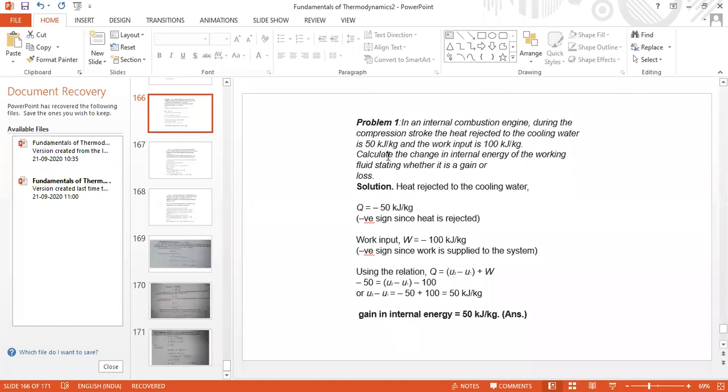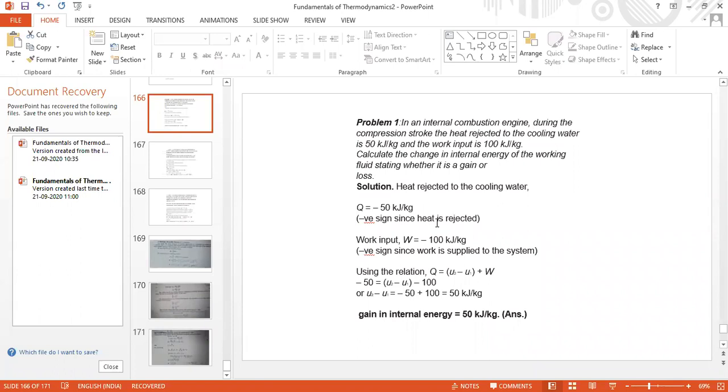And what unit is given? Kilojoule per kg. And the work input. These two terms are only required, and the remaining terms you ignore. That is why, as and when required, we consider some problems to tell you that the problem statement may look strange for anybody, even for me also, if I were at your stage.